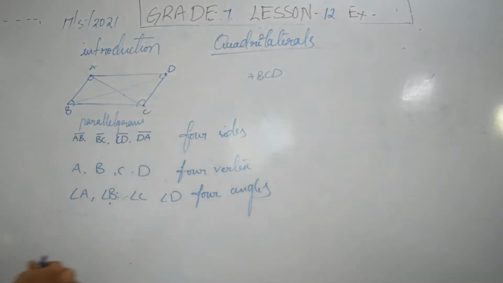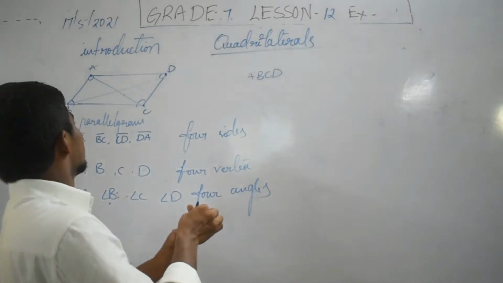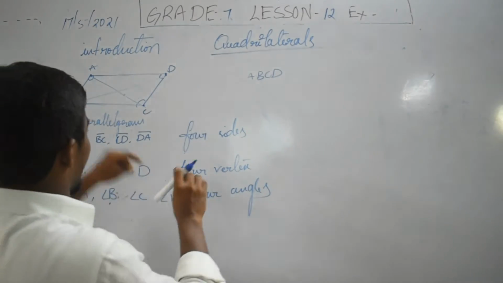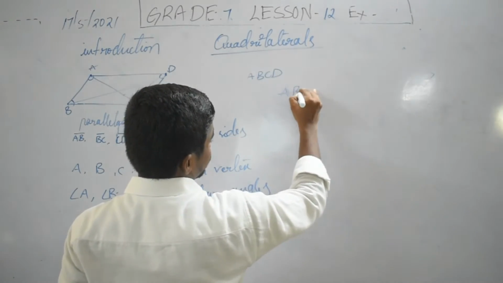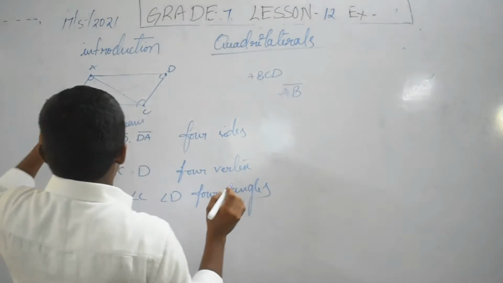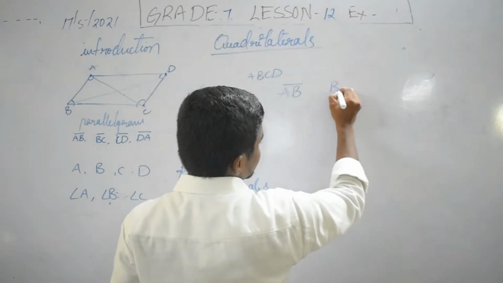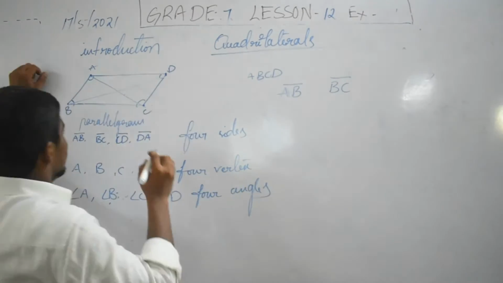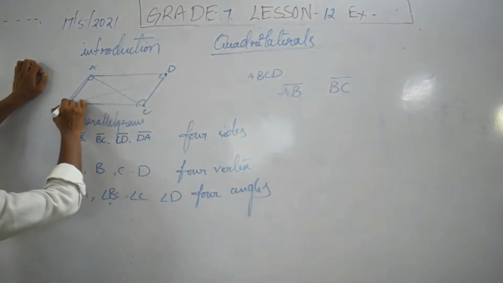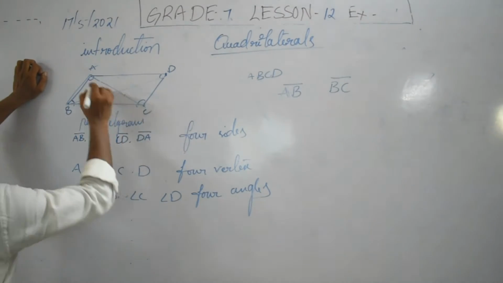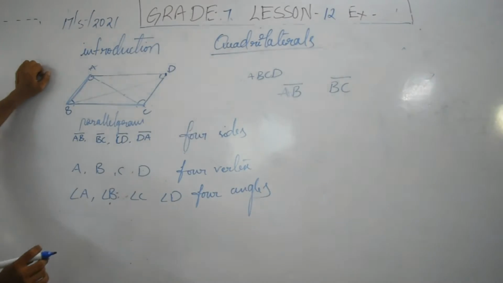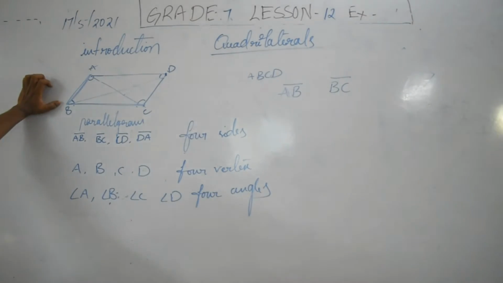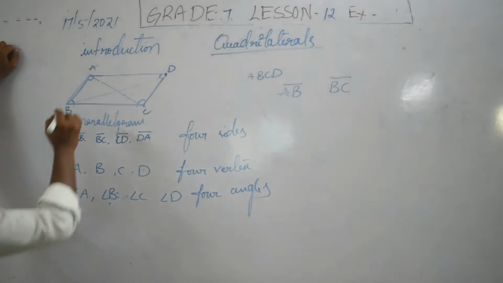See, here in this quadrilateral, AB and BC. Now these are two sides of a quadrilateral having a common vertex. Here common vertex what?